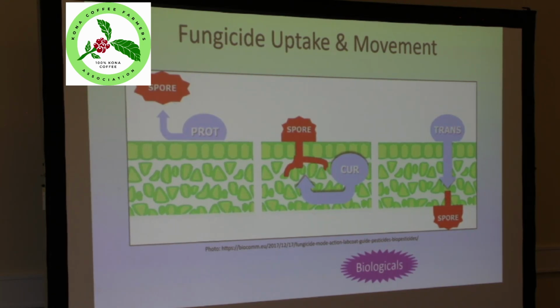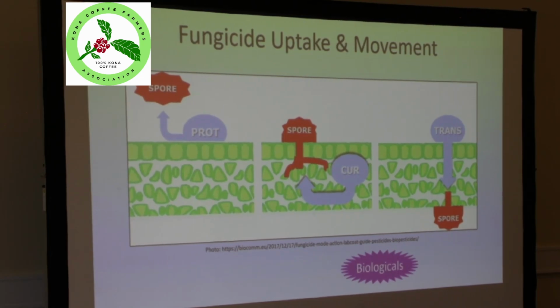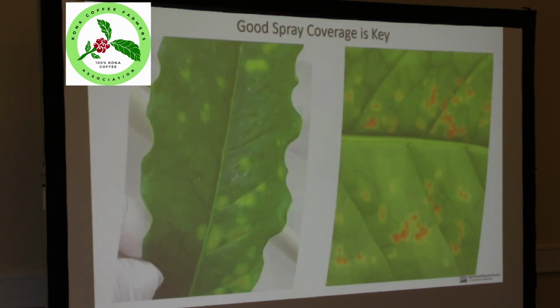Translaminar, like Preaxor, will go from one leaf surface to the other, so the upper to the lower. Again, the spores are germinating through the lower leaf surface. So a translaminar will actually get to where it needs to be for that particular leaf. Okay, so good spray coverage is key.